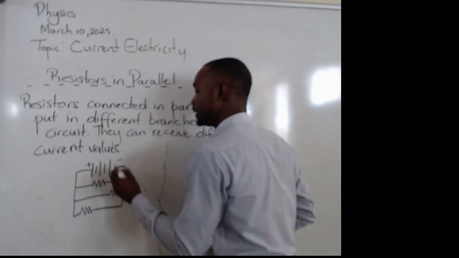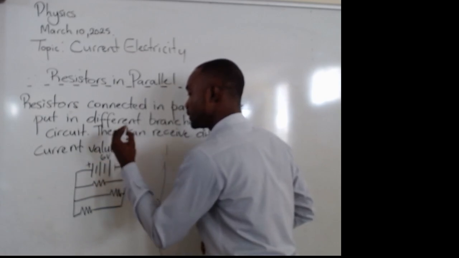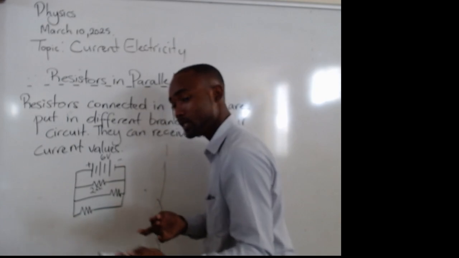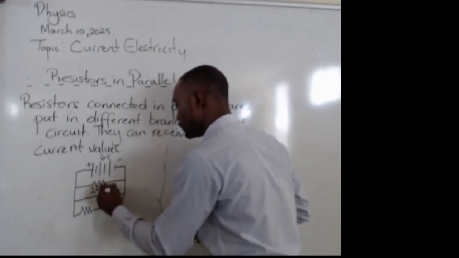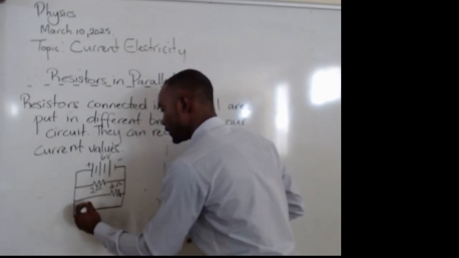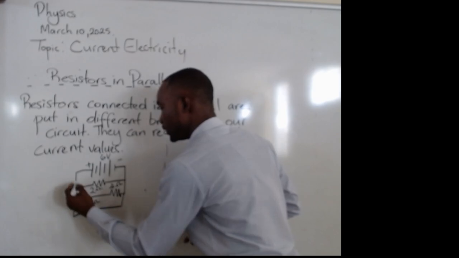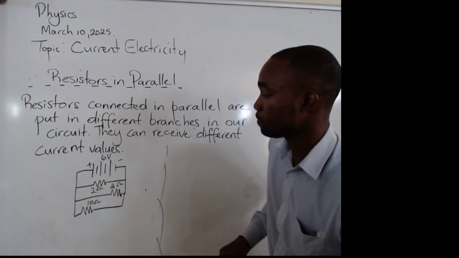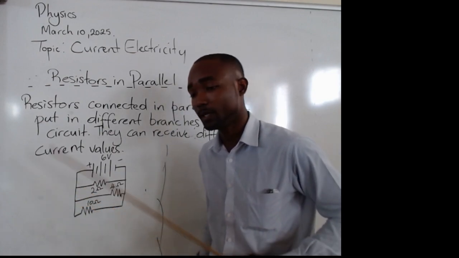Positive terminal, negative terminal, 6 volts, 2 ohms. I'm going to use the same values as our previous question. 4 ohms, 10 ohms.